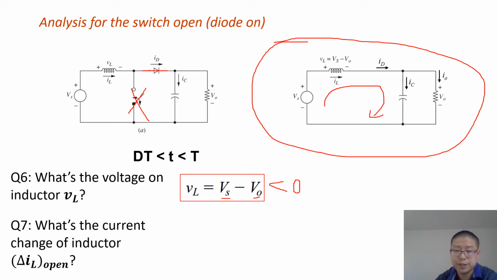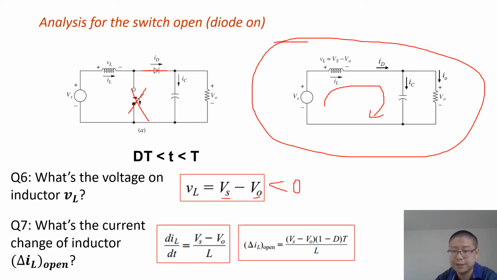The decreasing rate is Vs minus Vo over L. And we know the switch is open for time (1 minus D) times T. So using the decreasing rate multiplied by the time, we can obtain the current change when the switch is open.